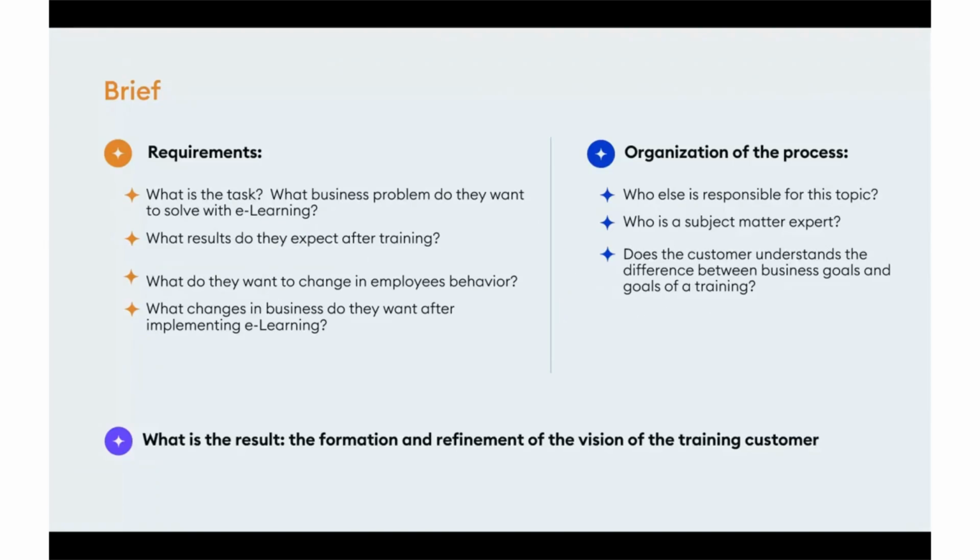Within the framework of the customer's brief, your task is to get to their true intentions, including finding out if the customer simply wants to close quarterly or annual goals with this course. If, for example, they want a bonus from their supervisor, or maybe promised a course to someone.